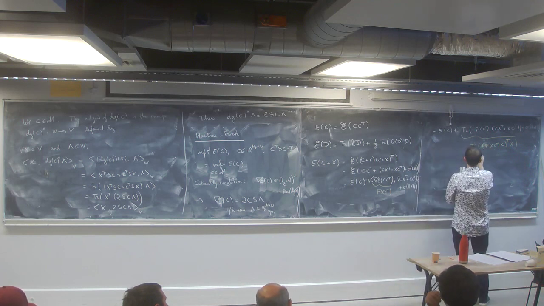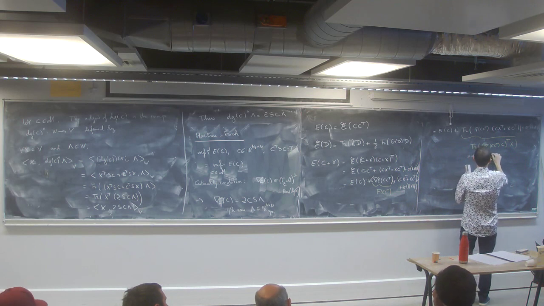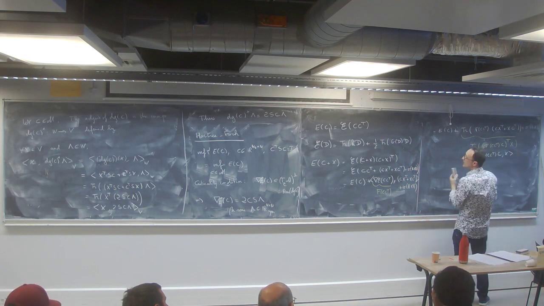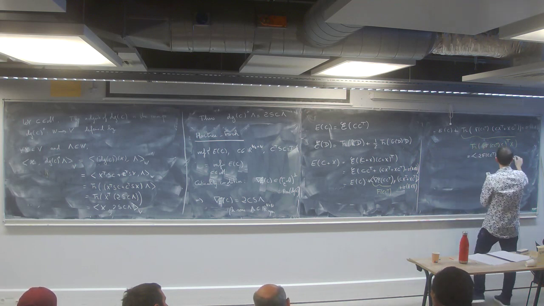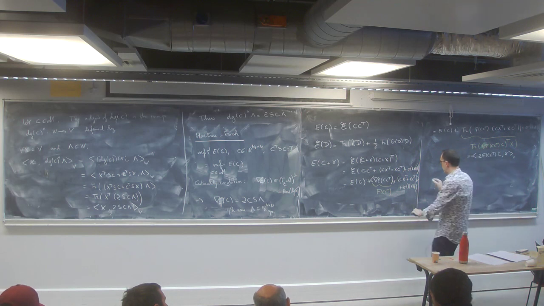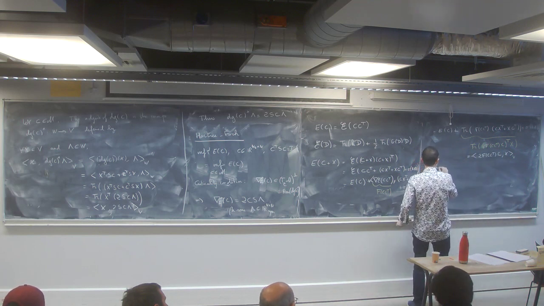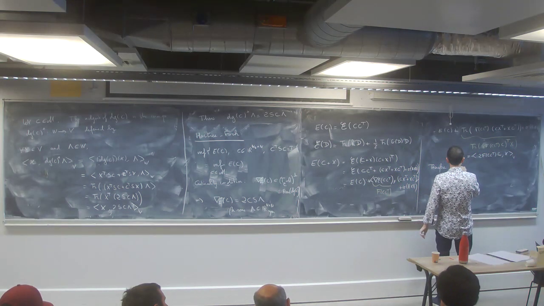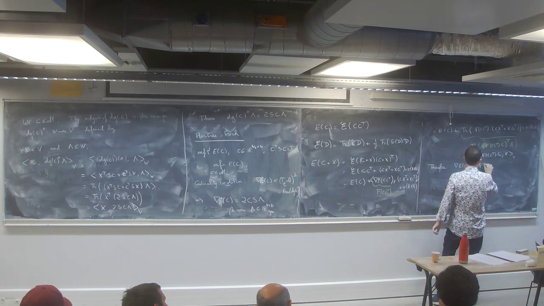And that I can write as 2 F CC transpose C X. And this time I mean V. And therefore, the gradient of E at point C is 2 F CC transpose C.